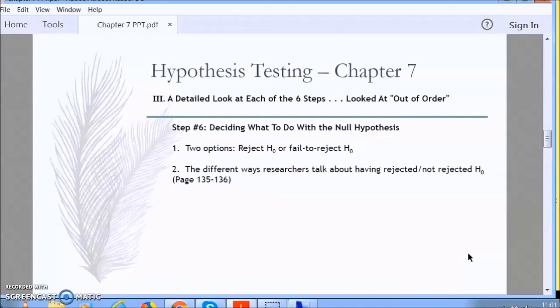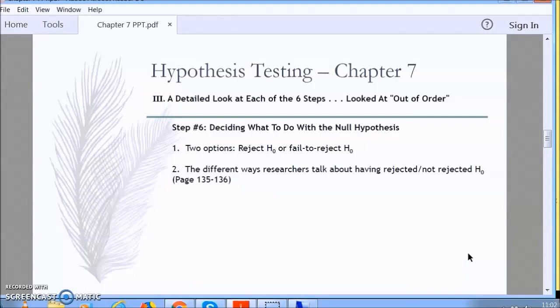So whenever the researcher does the calculations and does the inferences, they either reject the null hypothesis, asserting that the H naught was false, or in the other case they fail to reject the null hypothesis. You never say that you accept the null hypothesis. You say you are failing to reject the null hypothesis.